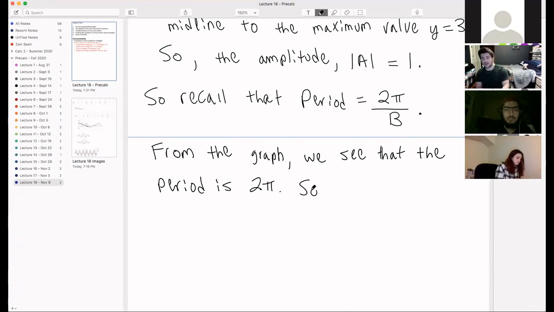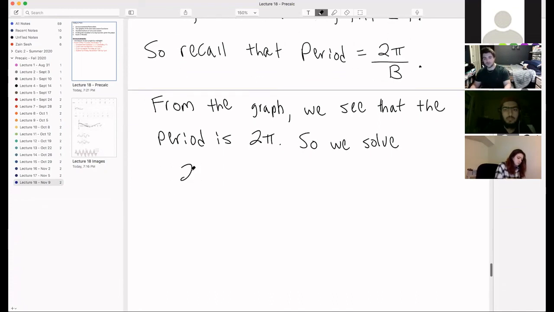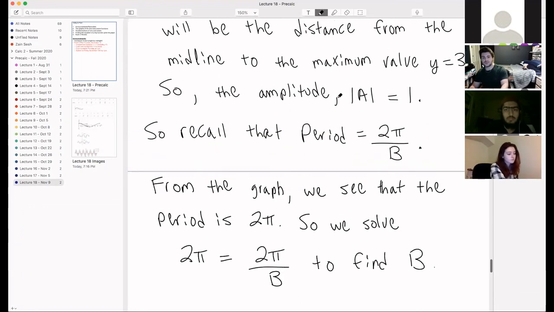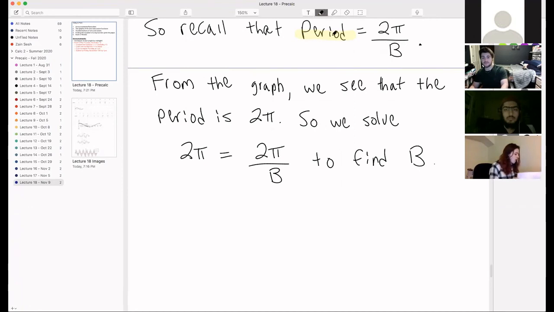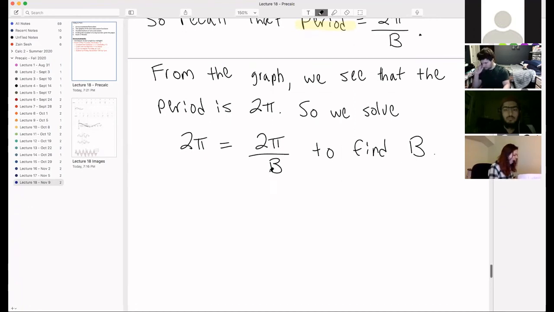So we solve 2 pi is equal to 2 pi over B to find B. I just substituted 2 pi in for the period in this equation, and that's how we find B. It should be pretty easy to solve this. B is equal to 1.